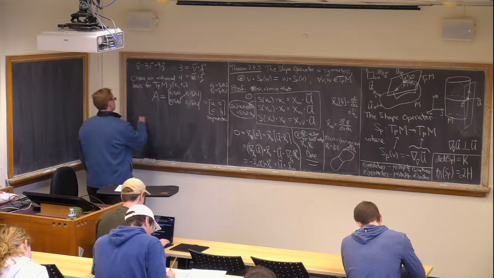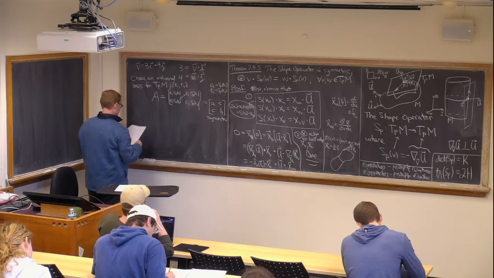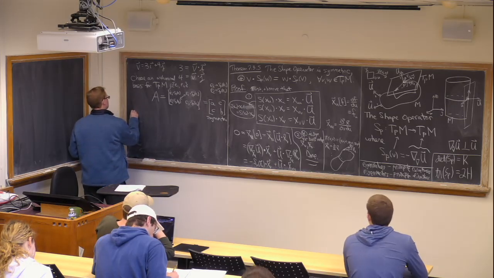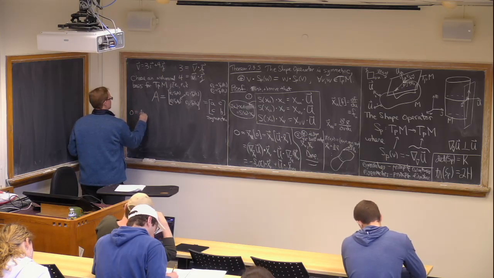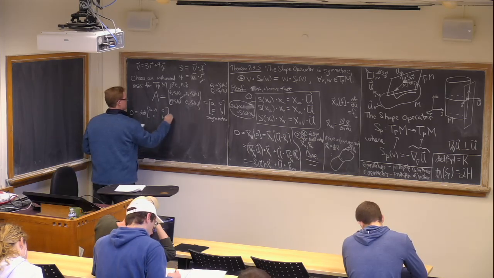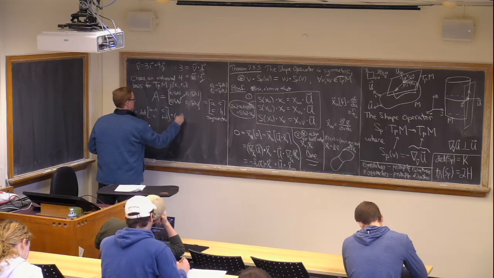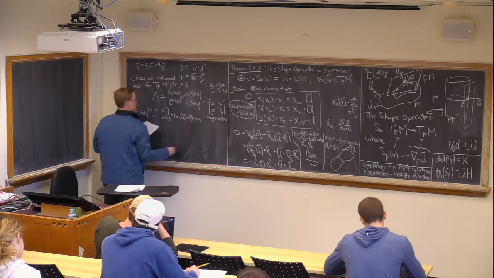Now, let's compute eigenvalues. Remember what you do: you say 0 equals the determinant of A minus lambda, B minus lambda, C, C, which equals (A minus lambda)(B minus lambda) minus C squared.